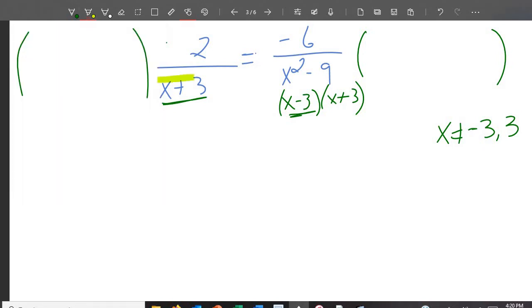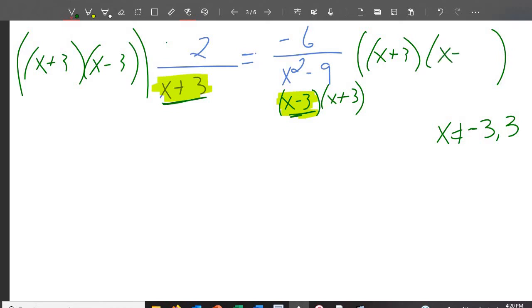Okay, for sure, I'm going to have an x plus 3. From the second denominator, I need an x minus 3. Now notice I already have the x plus 3 in the parentheses. I don't need it again. So we've got the common denominator.